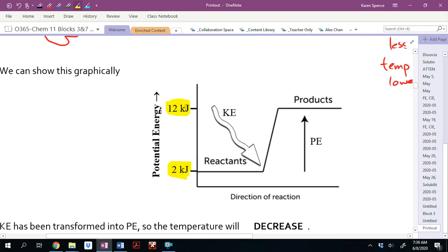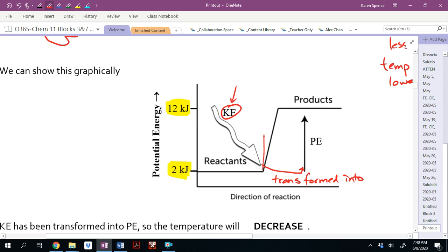So our kinetic energy comes in. Okay, here comes our kinetic energy. It comes in and it gets transformed into potential energy.